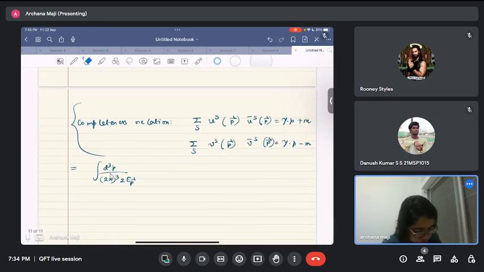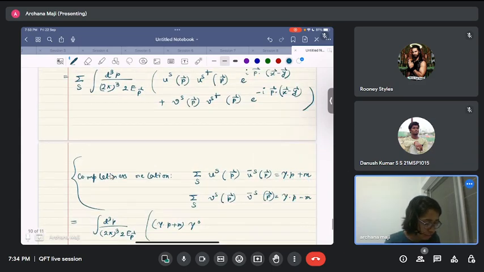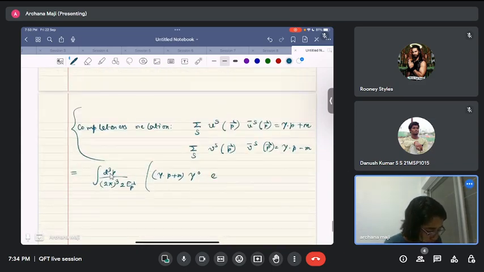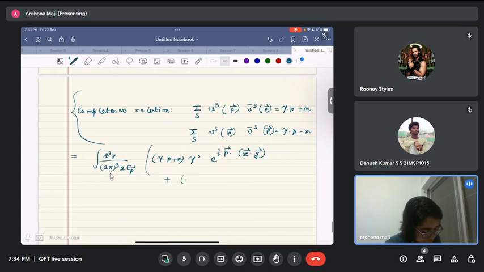So we get gamma dot P plus M times gamma 0. Let me know if this step is unclear. Exponential i P·(x minus y), plus gamma dot P minus M times gamma 0, exponential minus i P·(x minus y).